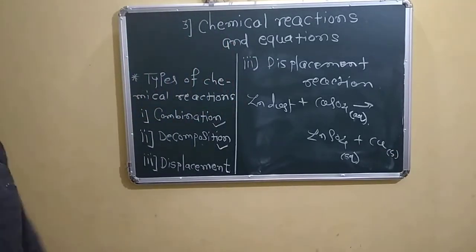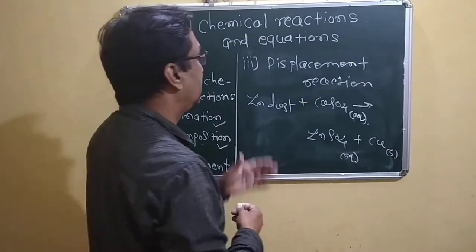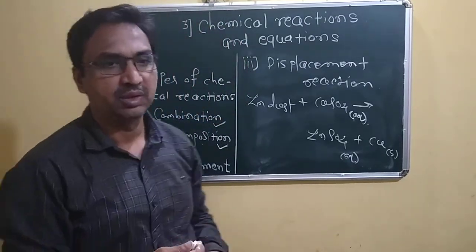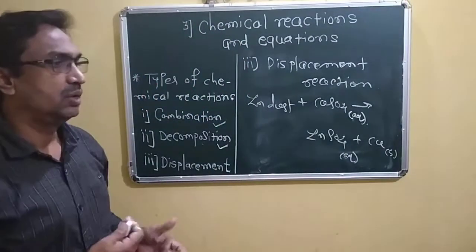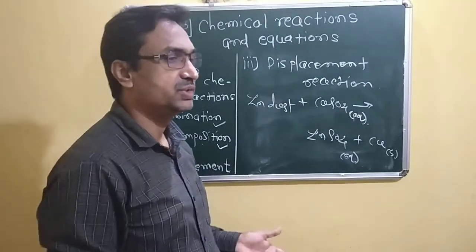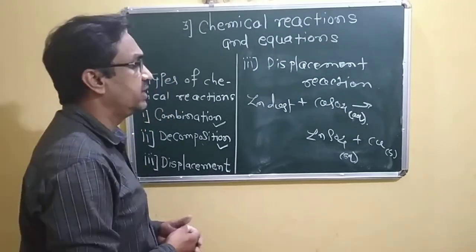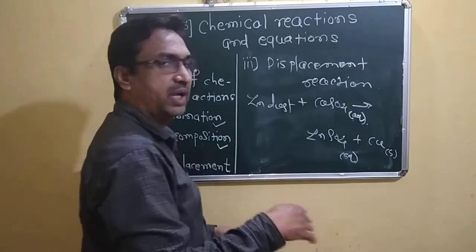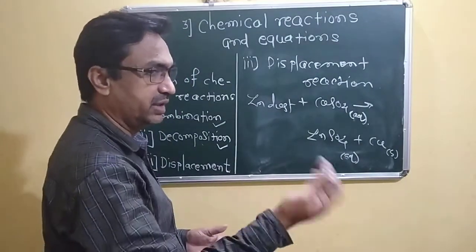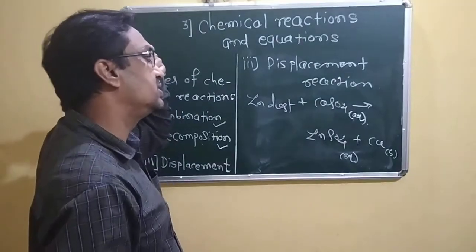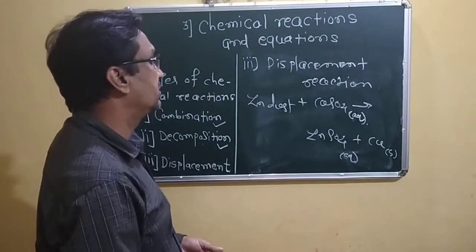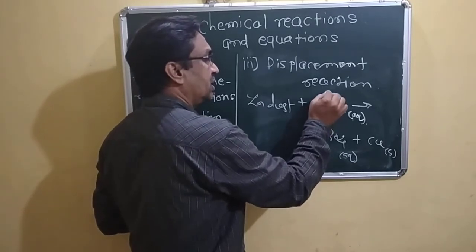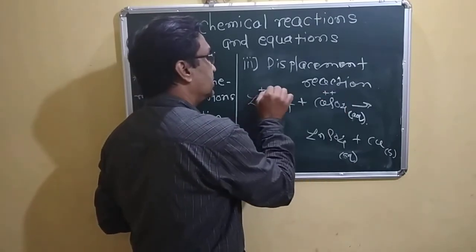What do we see here? Think of substitution in football, volleyball and other games: when one player is injured, he is replaced by another active player who is more active than the first one. So zinc displaces copper, which is less reactive. This is copper, this is zinc.